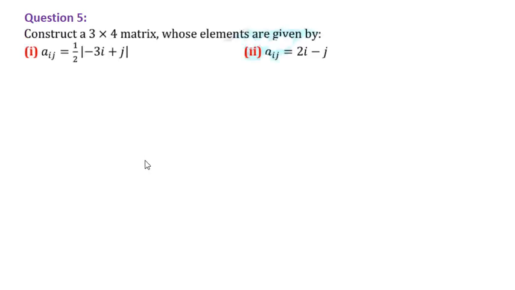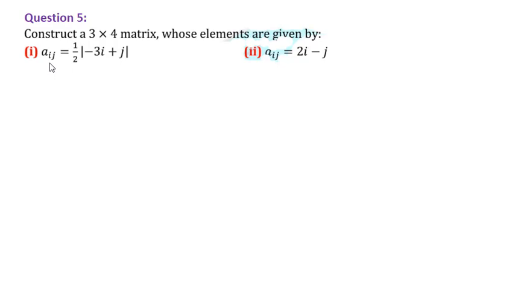Now let us move to the fifth problem. Here I have to construct a 3 into 4 matrix whose elements are given by Aij equal to 1 upon 2 minus 3i plus j. Okay. So 3 rows and 4 columns.